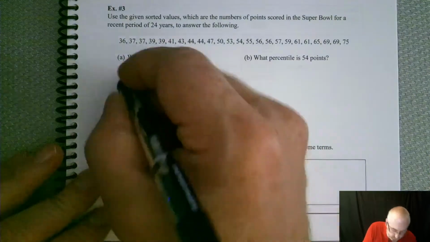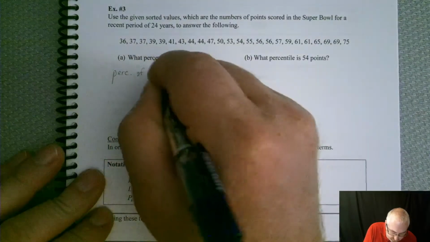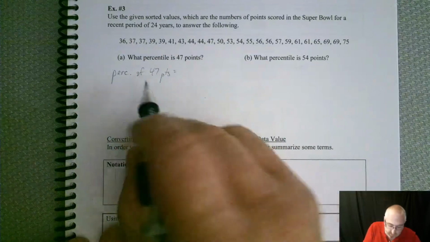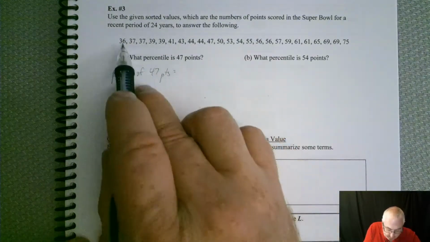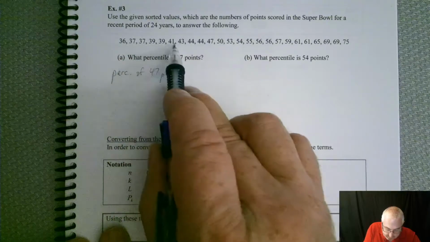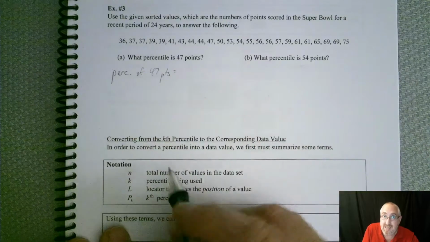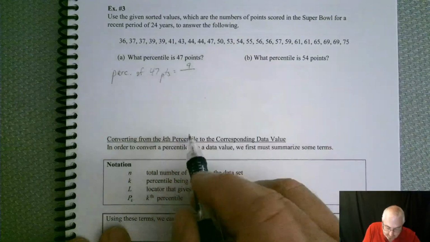Okay, so let's see, percentile of 47 points should be equal to, so we want the number of values less than 47. So we got 1, 2, 3, 4, 5, 6, 7, 8, 9. So there's 9 numbers less than 47. So that's on top.